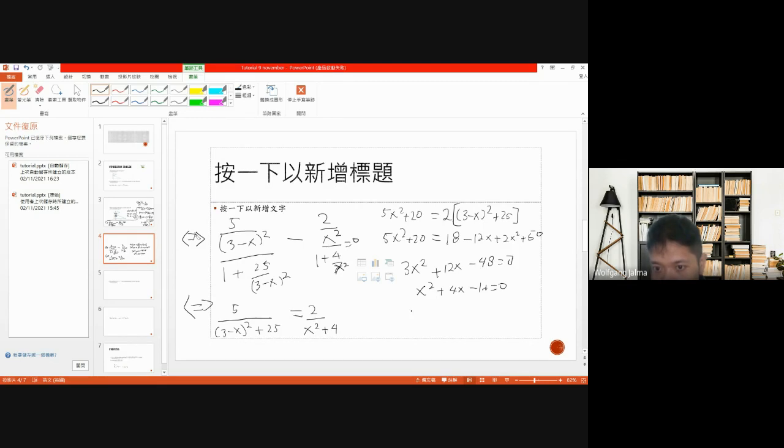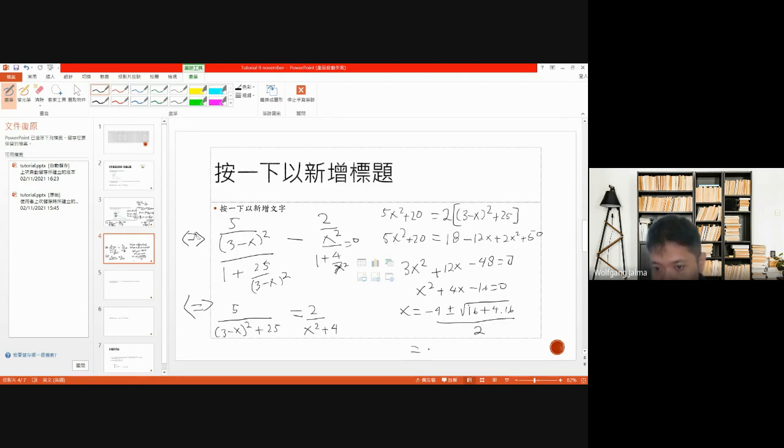So x will be minus 4 plus minus square root of 16 minus 4AC, plus 4 times 16, over 2.